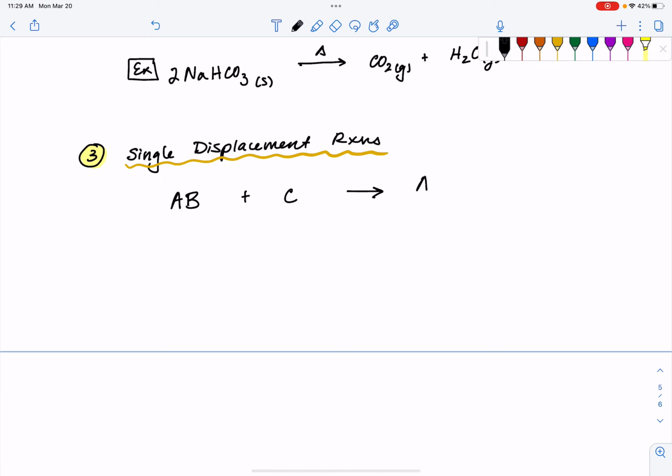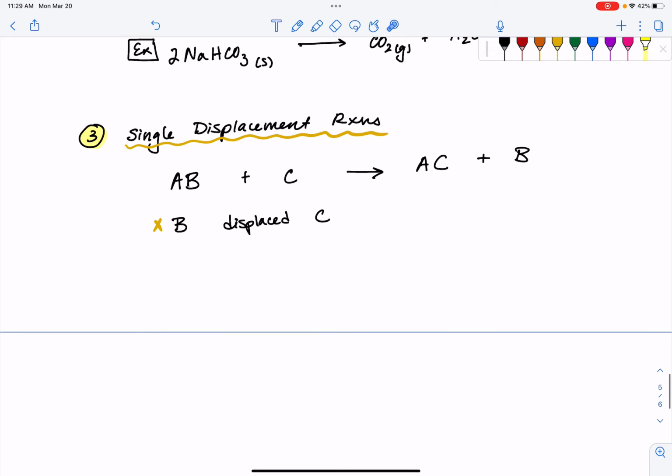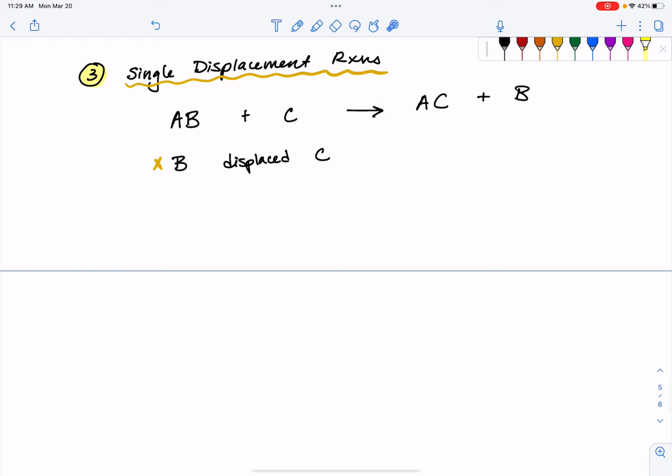So here, this would result in B being displaced by C to form products AC and B. We say that C displaced B. So I call this the heartbreak reaction because you can think about it as you break up with your partner and they move on to somebody else. Or if you want to be the heartbreaker, you move on to somebody else and they're left alone.